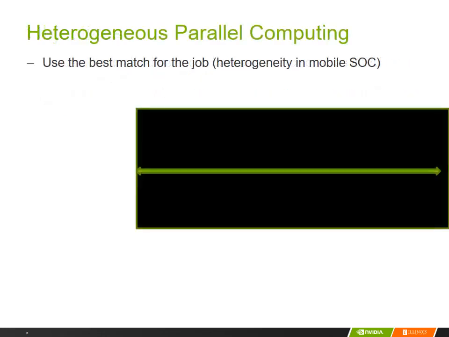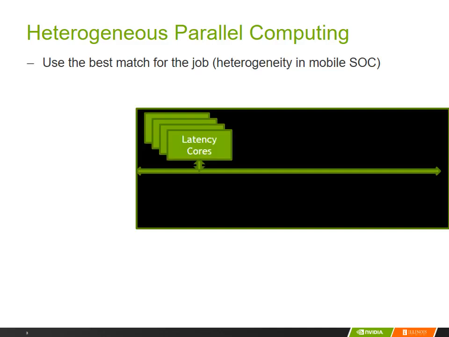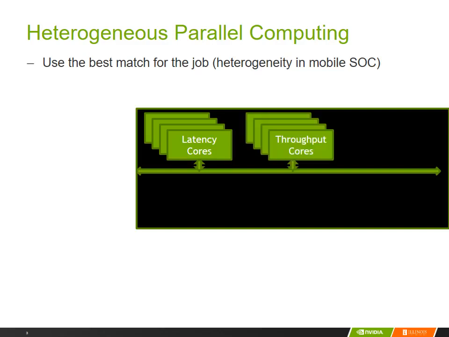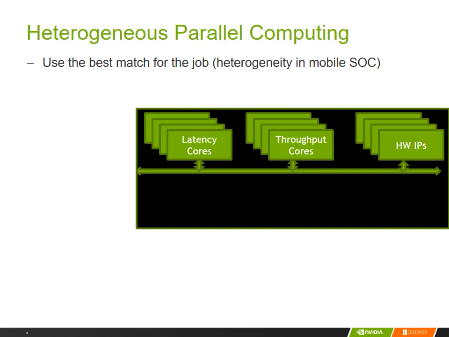In a heterogeneous parallel computing system, we use different types of devices that best fit the particular part of the application in question. So here we show a simple example of the mobile system on chip today. We will typically have latency cores, which are CPU cores, and we will also have throughput device cores, which are GPU cores.